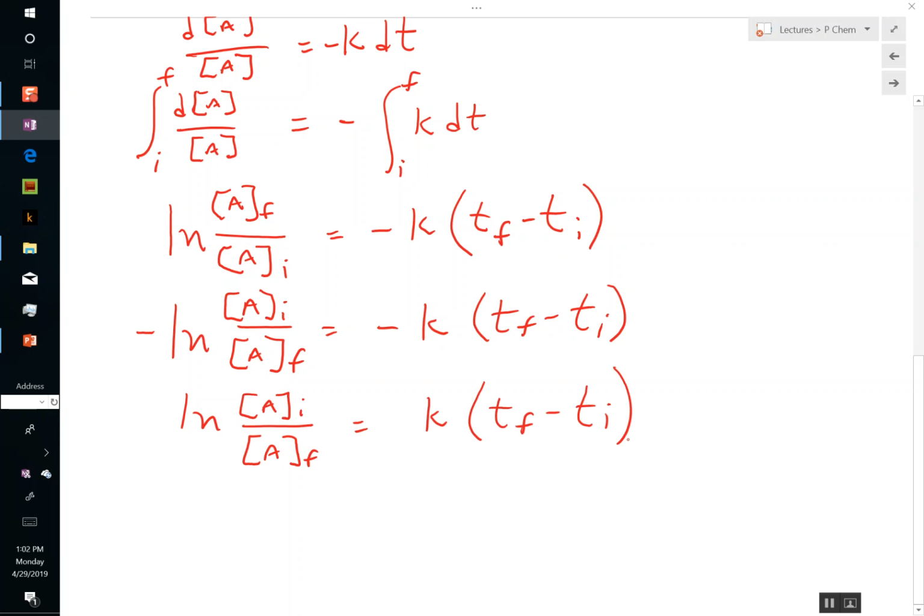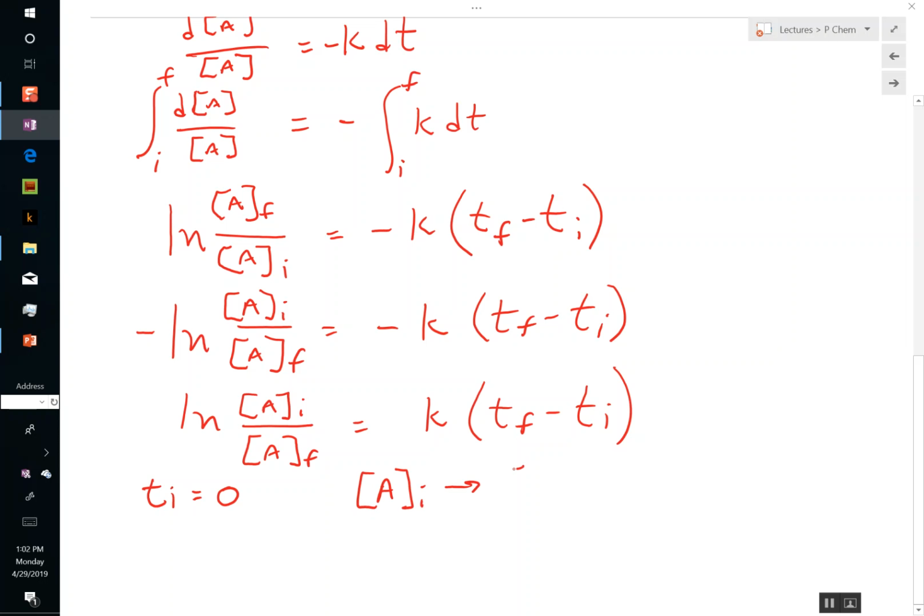Okay, now we can simplify this a little bit further. This accommodates whatever time you want, some intermediate time and a final time, whatever. But we're going to look at it from the start of the reaction. So we're going to set t initial is 0, time 0. And that's going to change our A initial.